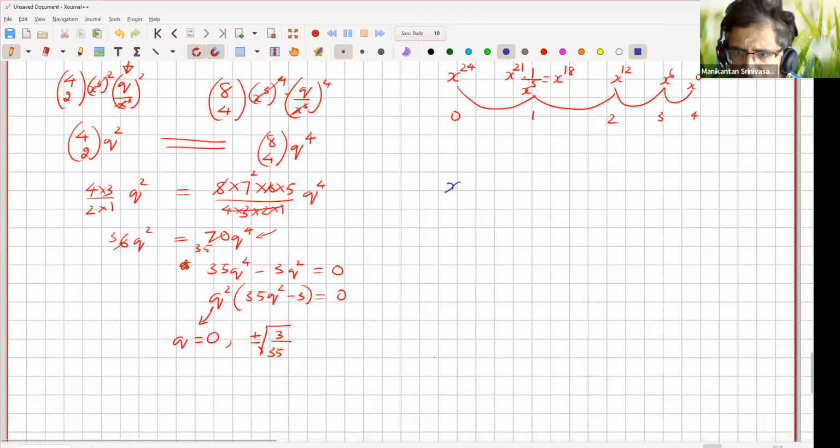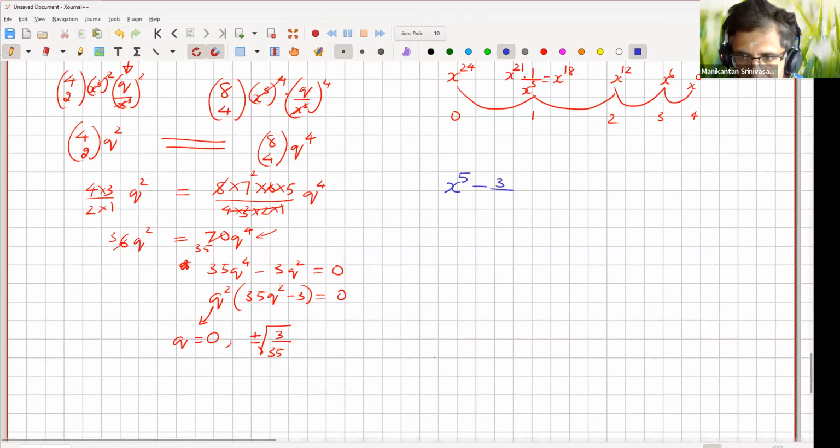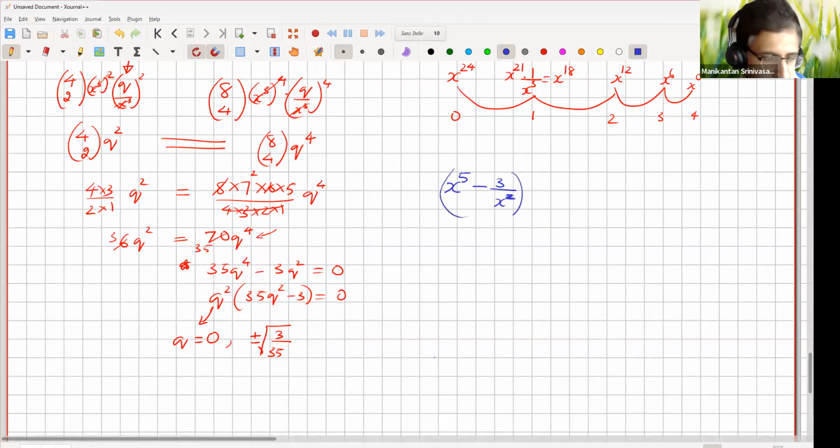Suppose I have x power 5 minus 3 by x square, whole power 100.